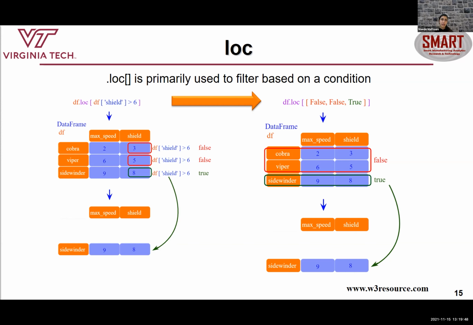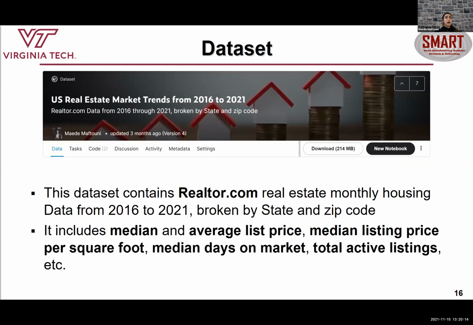So for example, here we are specifying that we want to filter the data frame where shield is bigger than 6. When shield is bigger than 6, we have the Boolean of true, and we are going to get that specific row, and we are going to throw the rest out.